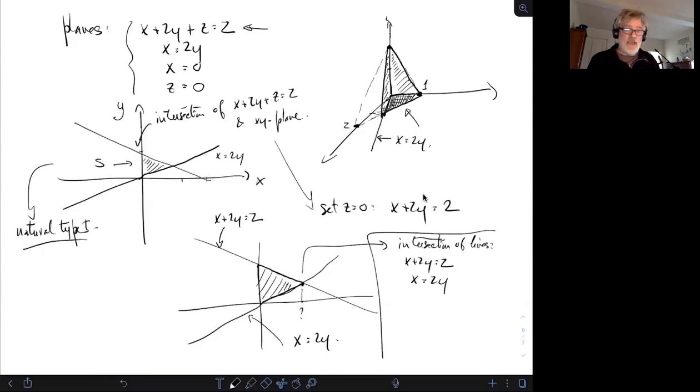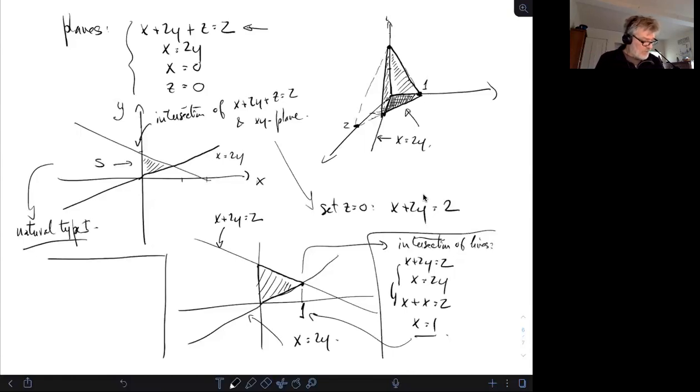I want to find the x value, so I'm going to get x plus x equals 2, so x equals 1. Hopefully things are okay for you guys up to now. And this is 1. I'm trying not to change slides, that's why I'm flying all around, I'm sorry.